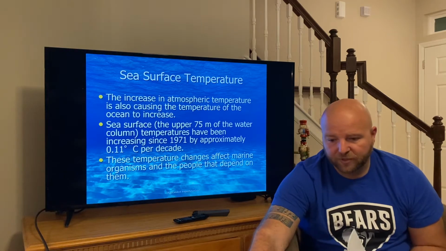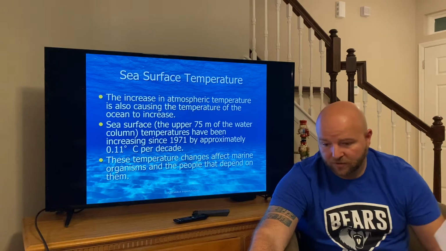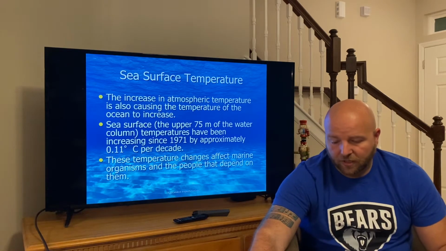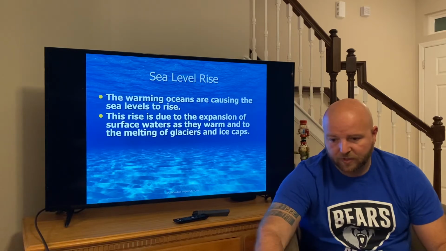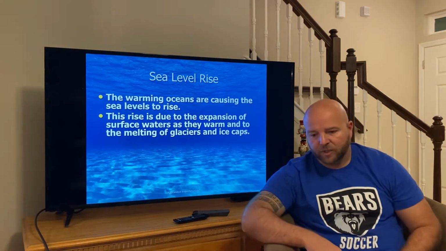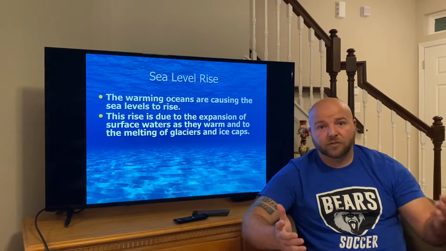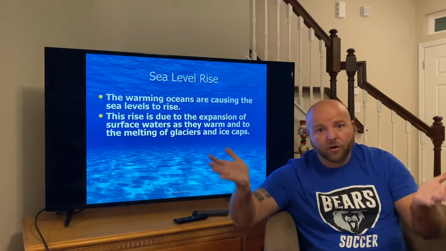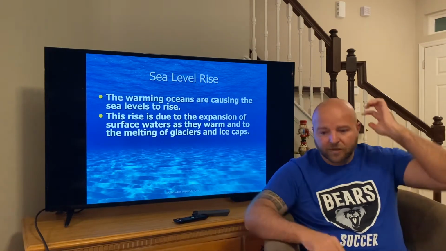The increase in atmospheric temperature also causes the temperature of the ocean to increase. I'm going to keep on going for the sake of time and get to this part, sea level rise. This is our next box. So the warming oceans are causing sea levels to rise, meaning the water level itself to come up, for there to be more water in the ocean.